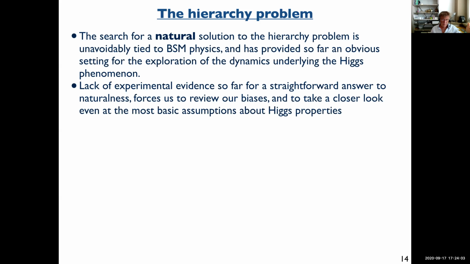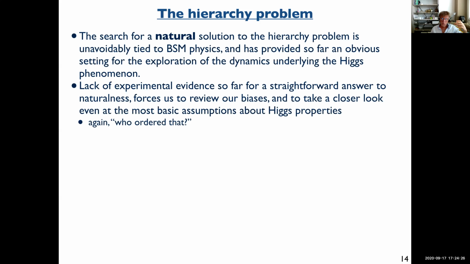Of course, we haven't found any of this new physics that arises in the search for a natural solution to the hierarchy problem. And therefore, it could be that indeed our understanding of the basic properties of the Higgs is incorrect, and we really have to review our biases.